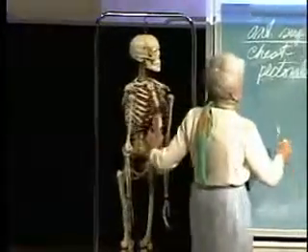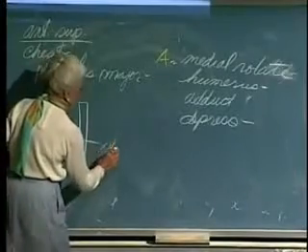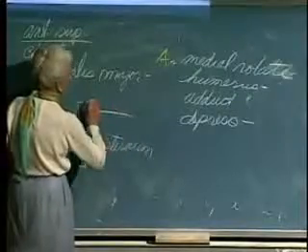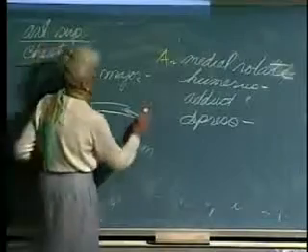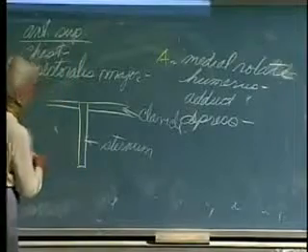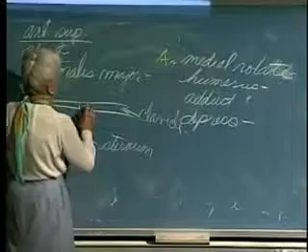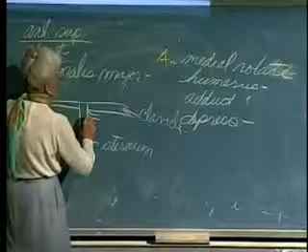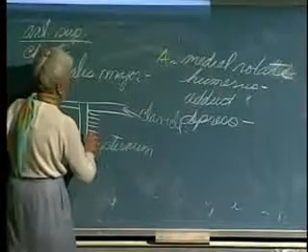So what bones do we have here for it? We're going to have the sternum, we're going to have the clavicle, and we're going to have the ribs. So we'd have 1, costal cartilages, 2, 3, 4, 5, 6. We just want 6.